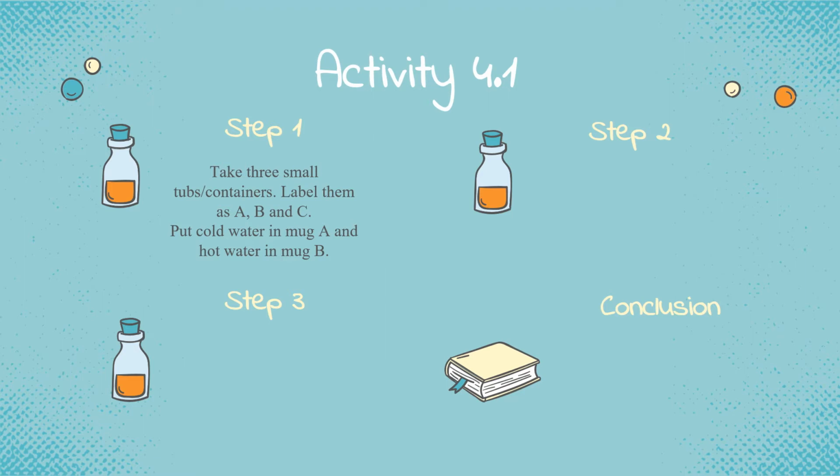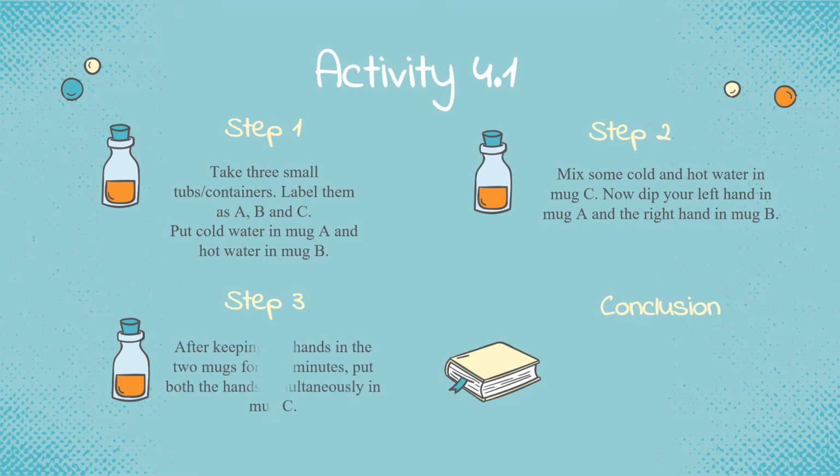Label them as A, B, and C. Then put cold water in mug A and hot water in mug B. Then mix some of that cold water in mug A and that hot water in mug B and put it in mug C. Now dip your left hand in mug A and your right hand in mug B. After keeping the hands in the 2 mugs for about 2 to 3 minutes, put both of your hands simultaneously, at the same time, in mug C.